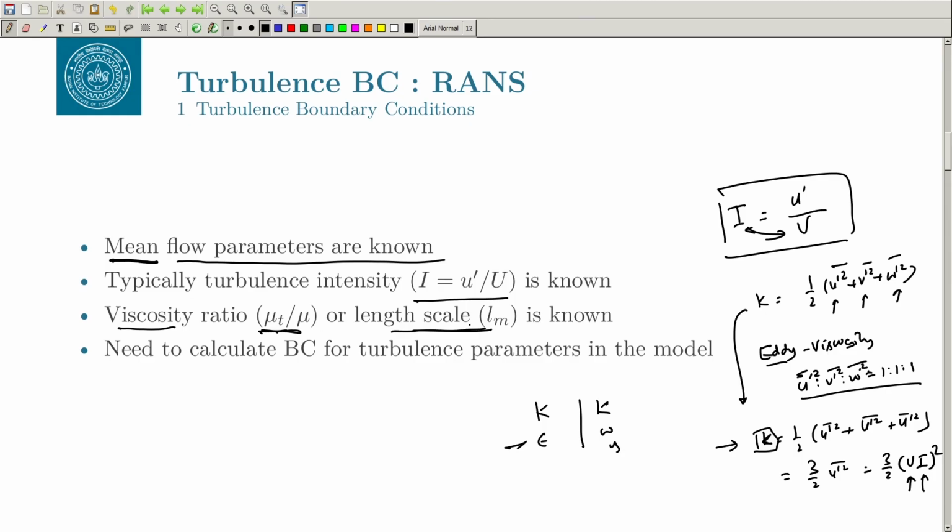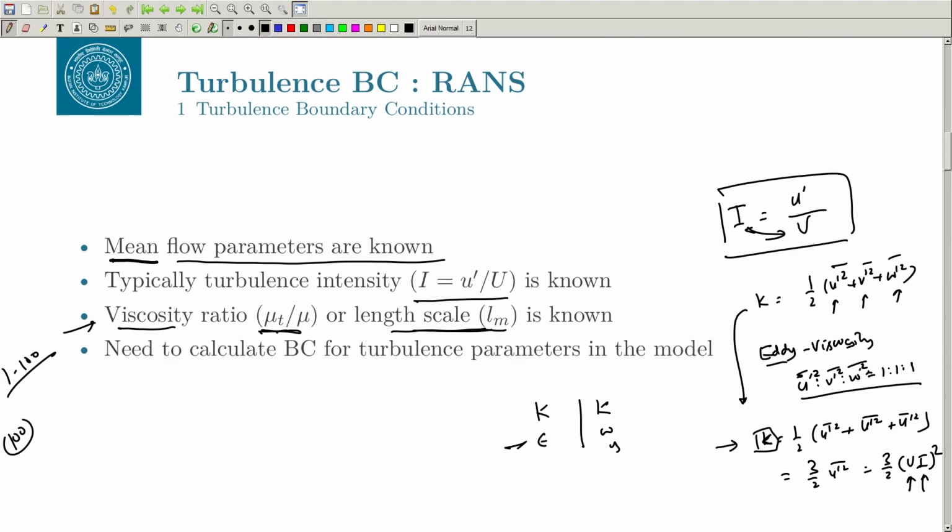The viscosity ratio represents how much the estimated eddy viscosity is compared to the natural viscosity, mu t by mu. That ratio can vary from 1 to, let us say, 100. A value of 1 means the eddy viscosity is equivalent to the dynamic viscosity, and 100 means your eddy viscosity is 100 times higher than the dynamic viscosity at the boundary. The other is some information about the length scale.